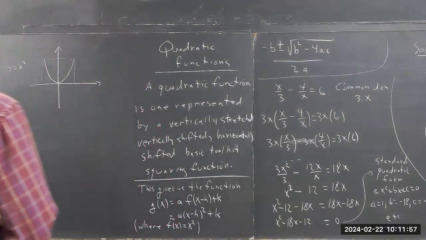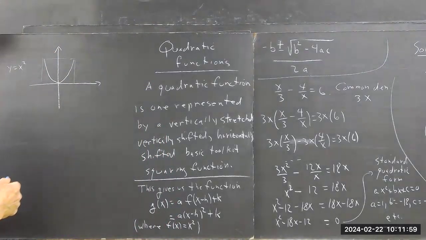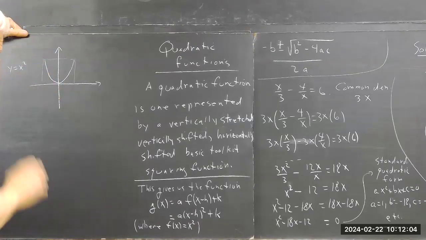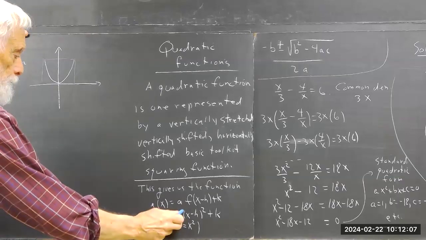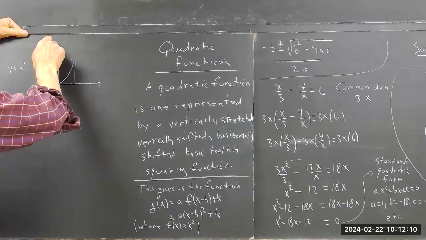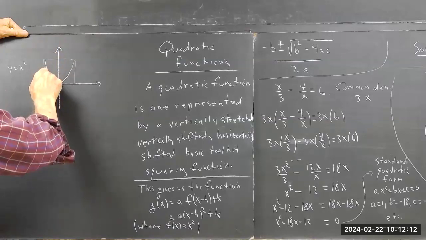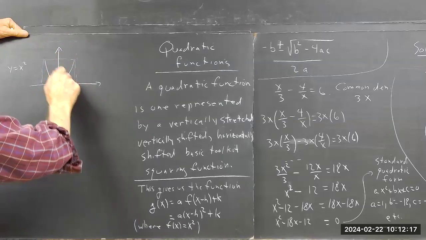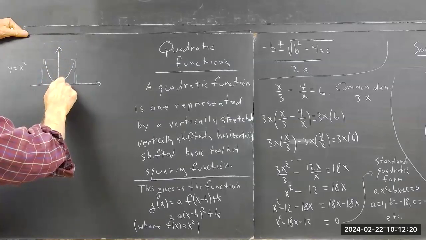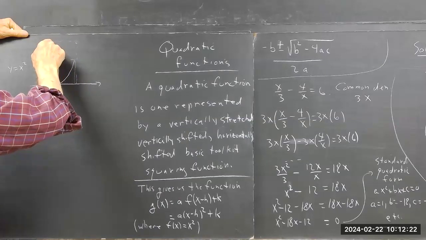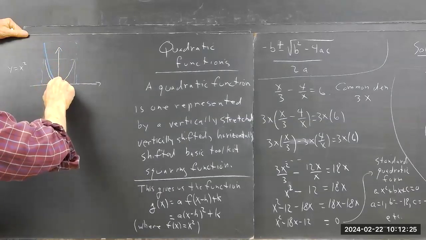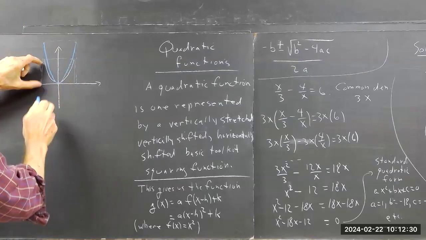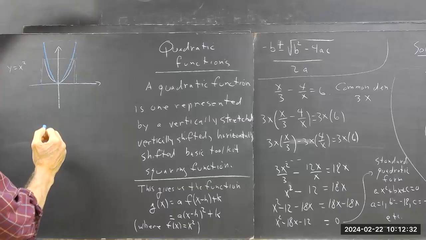Then you vertically stretch this graph. Okay, and maybe you reflect across the x-axis, and maybe you do some other things. That's all taken care of by this number a. This number a dictates that the graph gets vertically stretched, that this rectangle or this square, whatever it is, gets longer or maybe gets shorter.